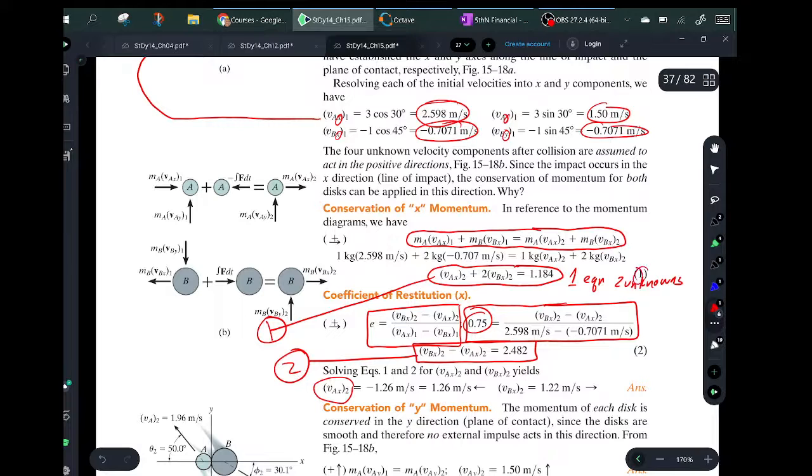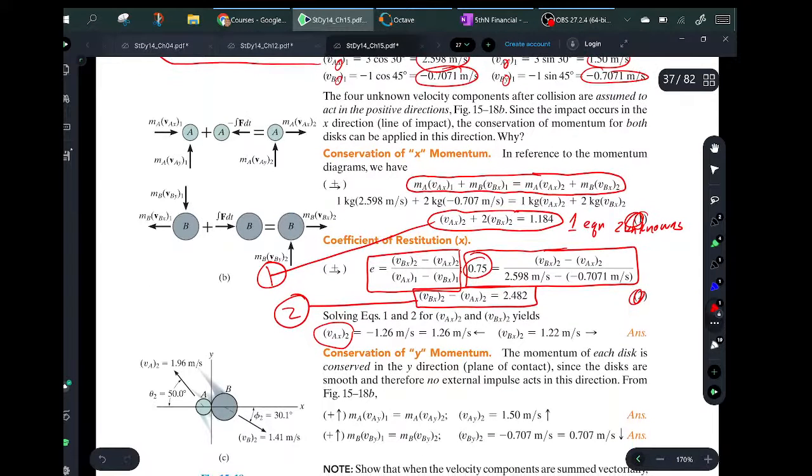Oh, well, he lists them as 1 and 2. So yeah. Okay, so conservation of Y momentum. The momentum of each disk is conserved in the Y direction, plane of contact.